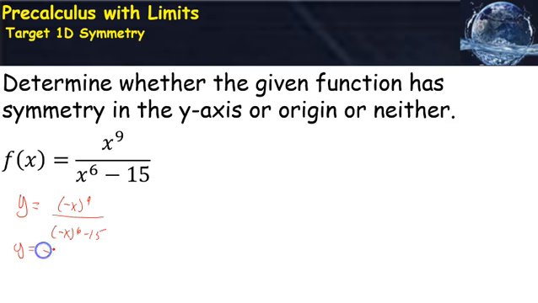And I get y equals negative x to the 9th over x to the 6th minus 15. And these are not equal. So this is not symmetric in y.